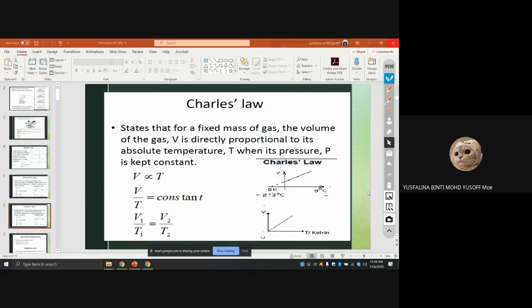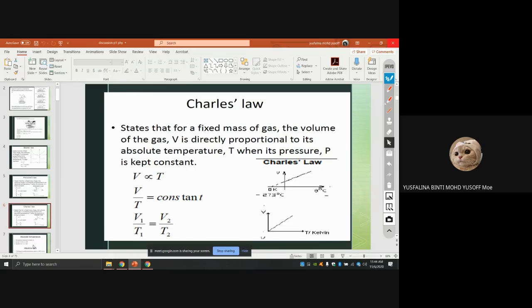For Charles' law, it's the same as the previous law: the graph is increasing linearly, but if you make it longer, you will intercept the x-axis at negative 273 degrees Celsius, which is also called the absolute temperature. If the x-axis is degrees Celsius, it is increasing linearly. If the x-axis is in Kelvin, it is directly proportional. So this is Charles' law.